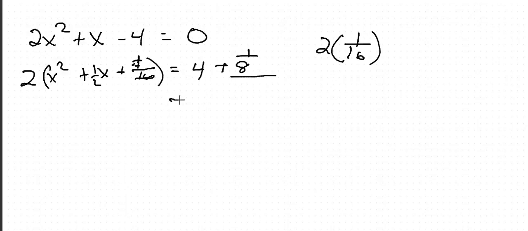Now, I've got x squared plus what number? 1/4. I still have that 2 there. I'm going to make this a mixed number, just so it's all one fraction. So make that an improper fraction. 33/8.